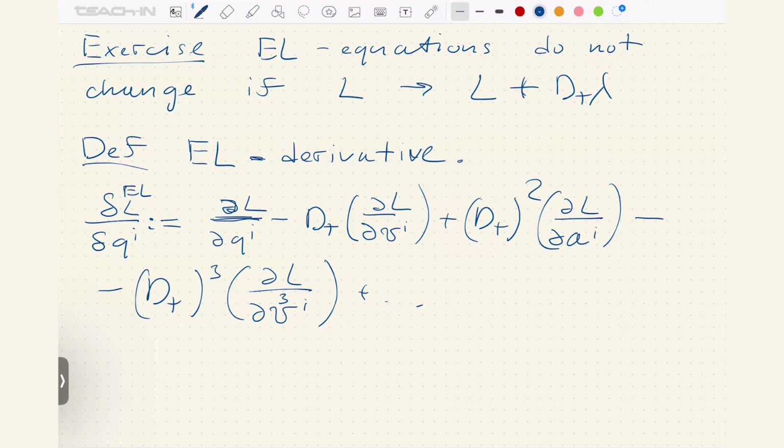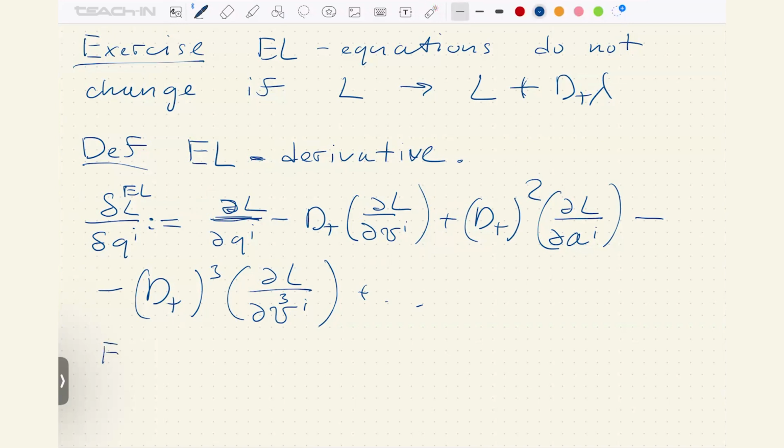For instance, if the Lagrangian depends only on coordinate and velocity and the independent variable time t, then only the first two terms matter, right? This is the standard Lagrange equations like in mechanics, but the theory is general, and we can equally well consider Lagrangians which depend on higher derivatives, but then the Euler Lagrange derivative takes the following form.